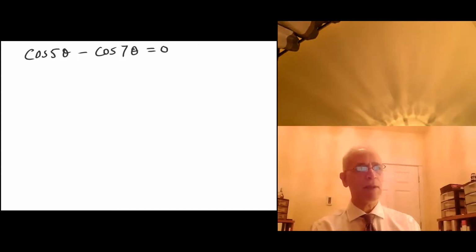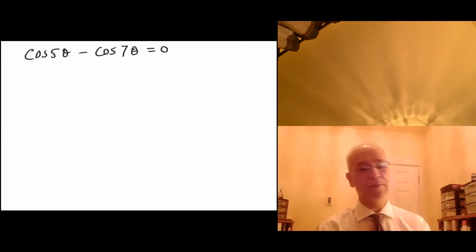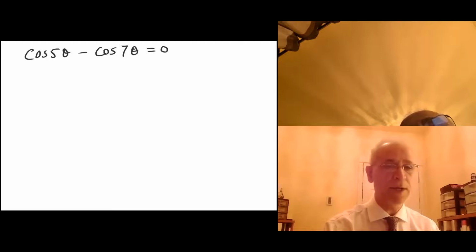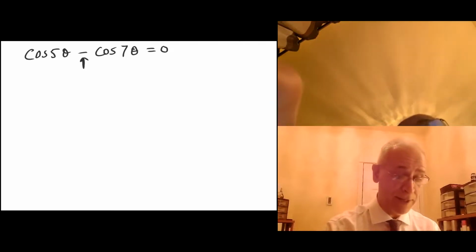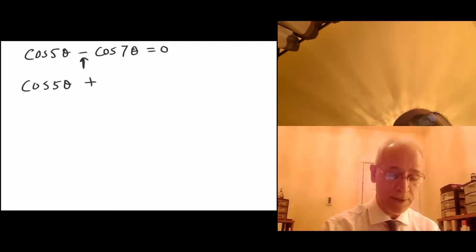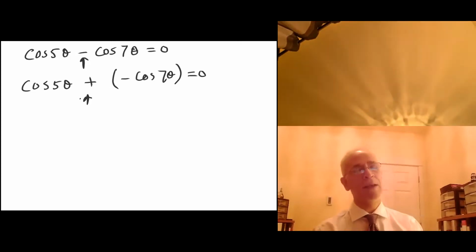Sometimes students look at this and say this is not a sum to product because this is a minus, but you can rewrite this as cosine of 5 theta plus minus cosine of 7 theta. So it is a sum.